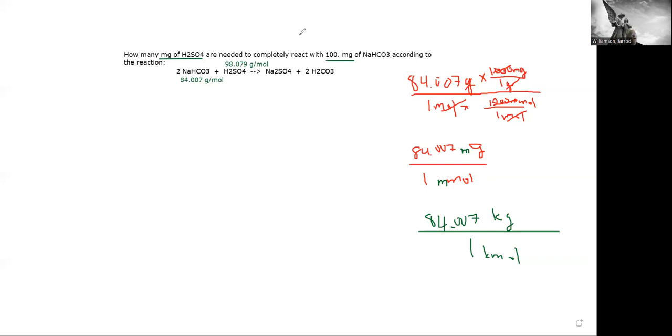So now I can take my 100 milligrams of sodium bicarbonate, NaHCO3, times, there are 84.007 milligrams per 1 millimole of the bicarbonate.